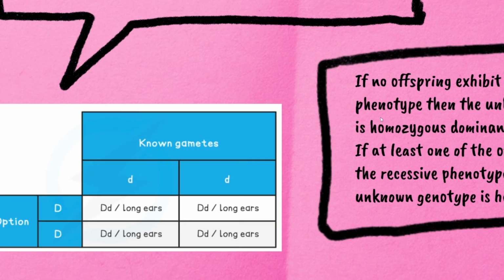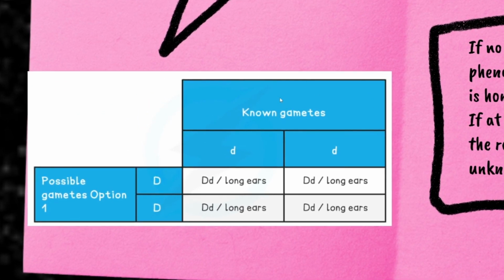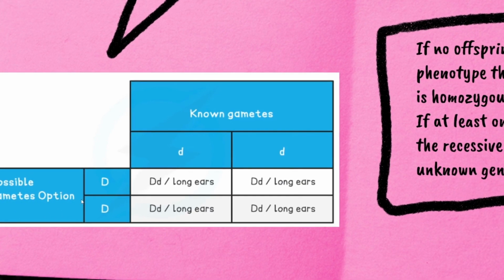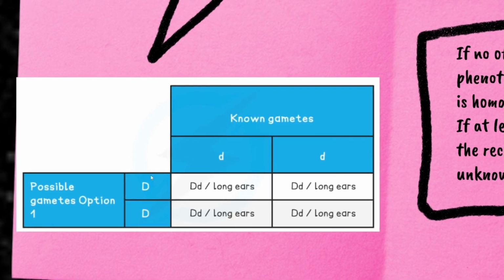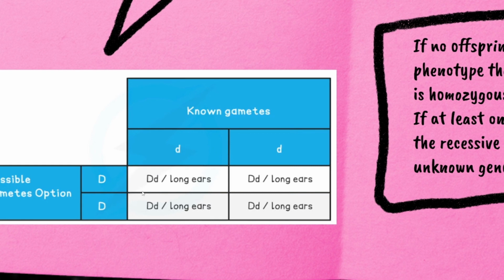Now we're gonna see the example here. We know the gametes of one organism here, which is homozygous recessive, and we do not know the genotype of the other organism. We just know that this organism is expressing a dominant feature.